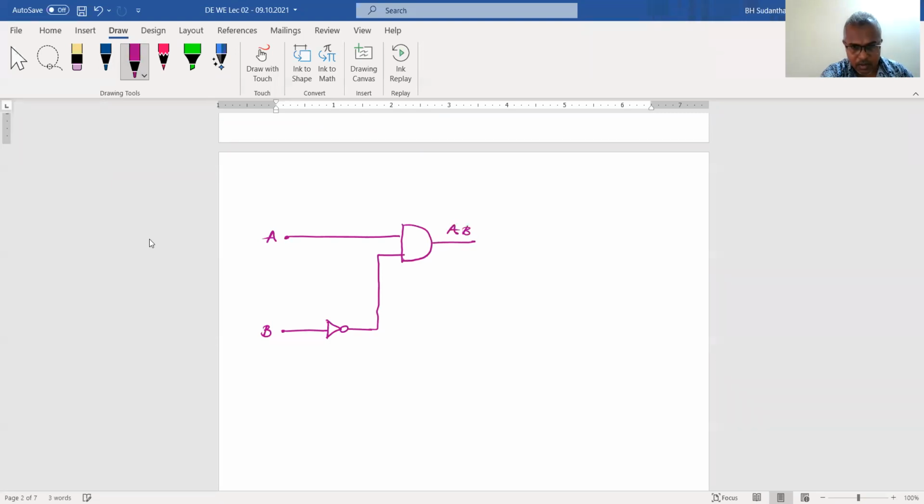Here we have A, B bar. And the second term we want to make is AB. After that, we can combine these two terms together using the OR operation. And finally, we have L.